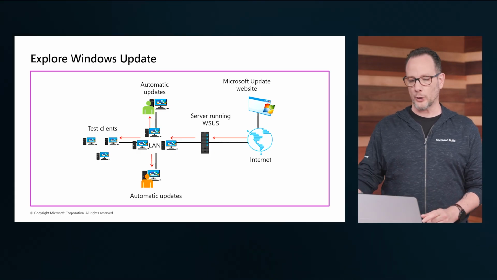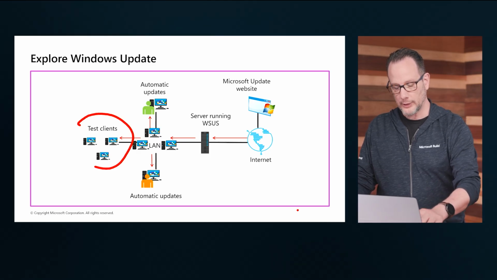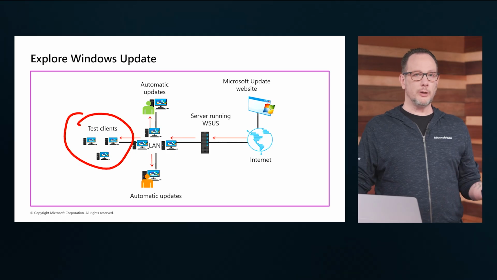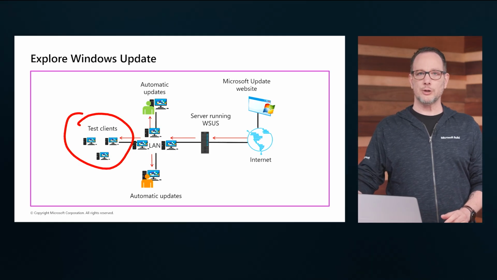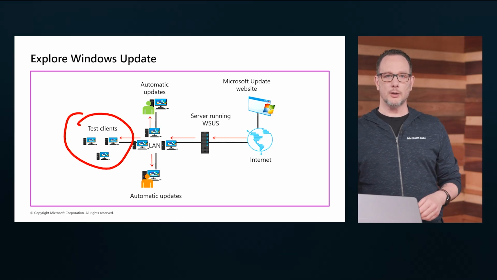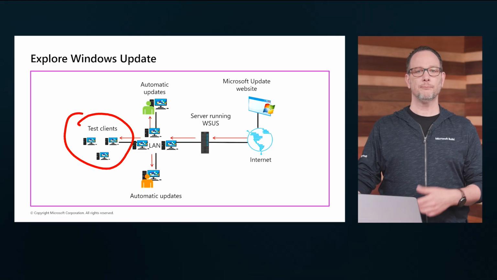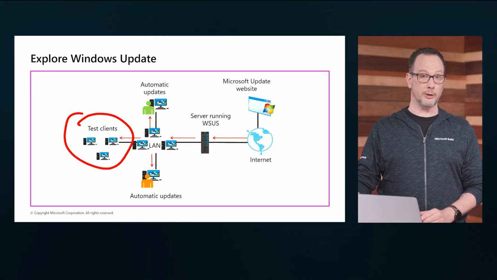So in short, how does it work? Let me just highlight a few things on the diagram. We start with the test clients. Could be at least one version of each and every client or server operating system, preferably with a lot of applications, because sometimes it might impact applications if you install some update.